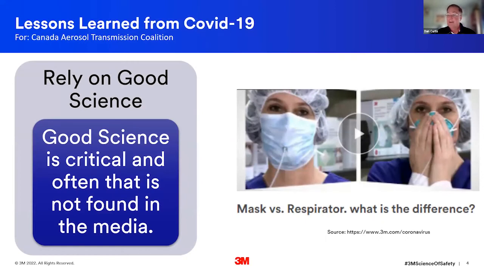And now that I've shown it, I can move on to the actual part that you're interested in. I think the first lesson that I hope we have all learned is that we need to rely on good science. And good science is critical, but it's often not found in the media.